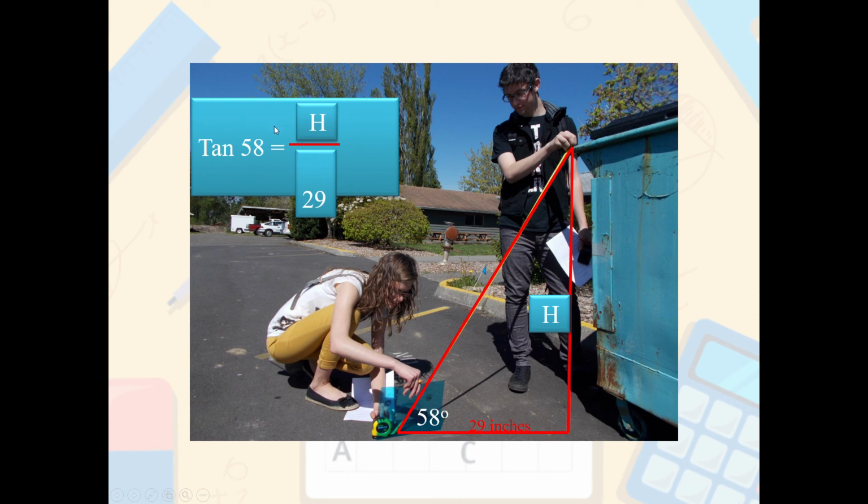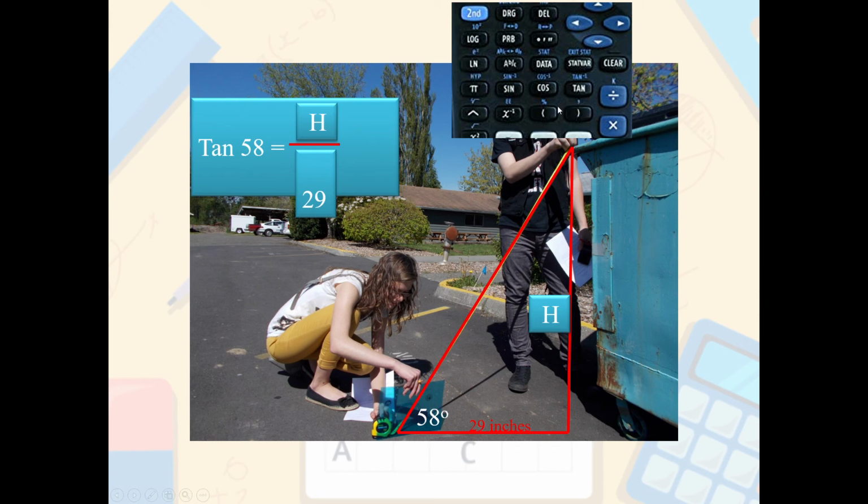Now, as long as we can find this ratio or value, we will be able to solve the problem. So now you can use the calculator. See this button on the calculator. You press tangent, T-A-N, and key in 58, and it will tell you the answer. So you will have tangent 58 here.